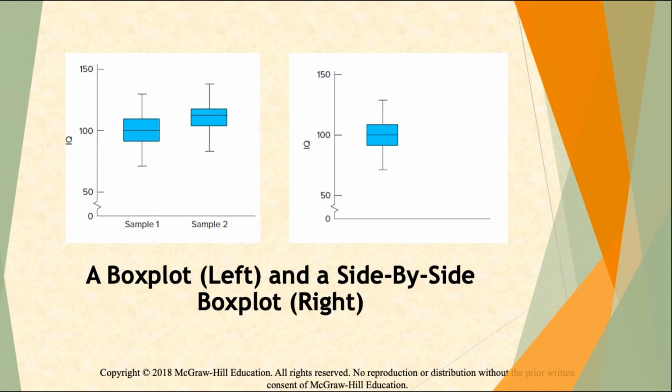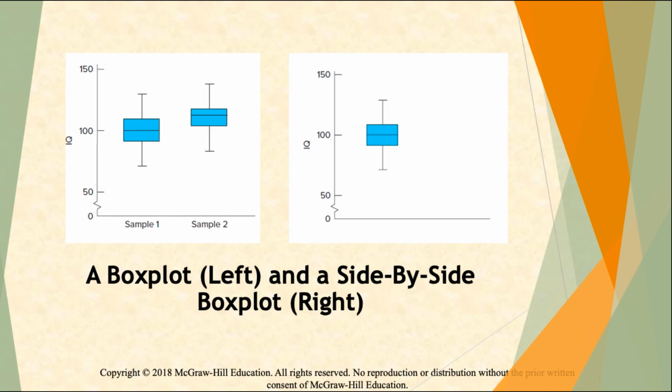You can often also discern the general shape of the distribution from the box plot by noting the position of the median within the box and the relative length of the two whiskers. In a symmetrical distribution, the median will fall close to the middle of the box, and the two whiskers will be similar in length.